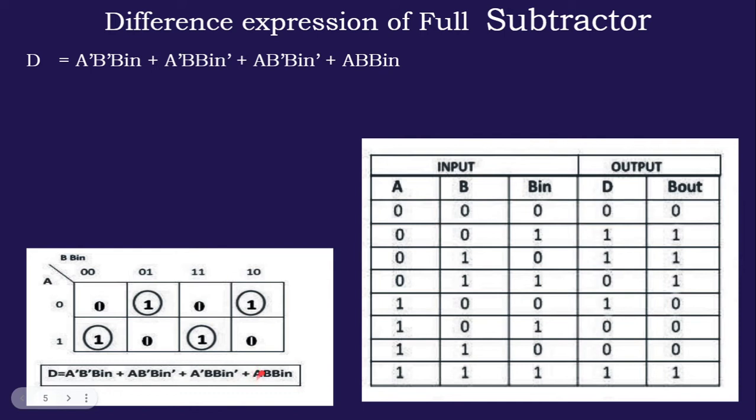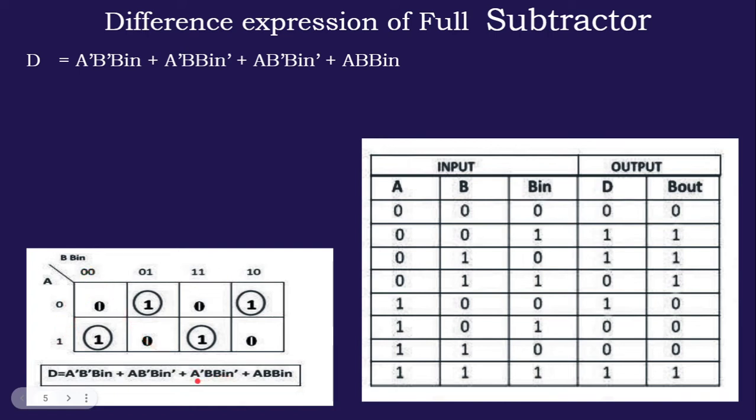Likewise A, B in. For this singlet, this is A from this row, and from this row it is B and B in. So A, B in. And for this term, this is A here, and B bar and B bar in, so A, B bar in.